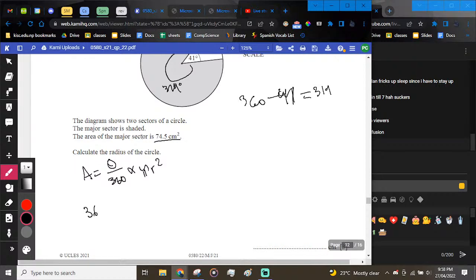So the square root of 360 A over theta pi equals r. I'm just doing this all in one giant leap. Given that, we can substitute in our values. Square root of 360 times area, which is 74.5.